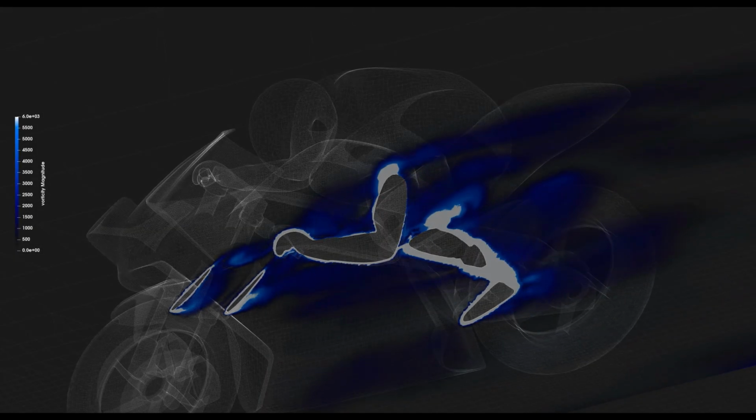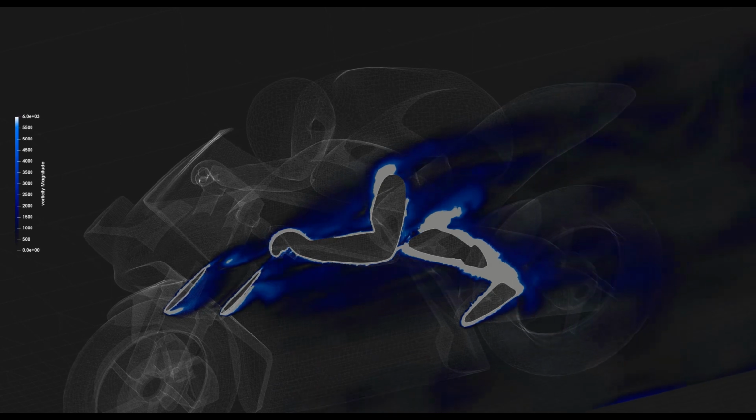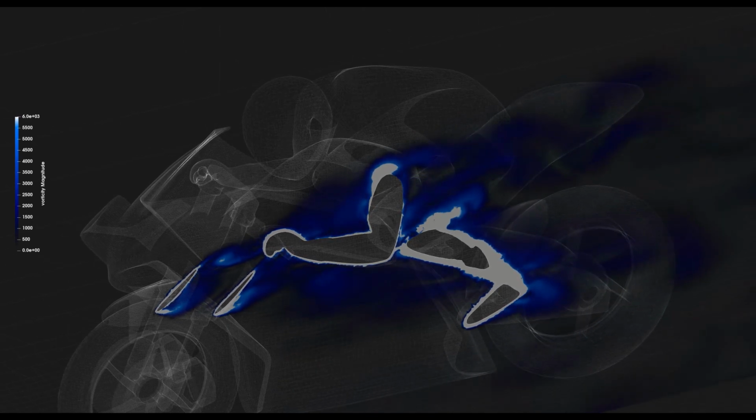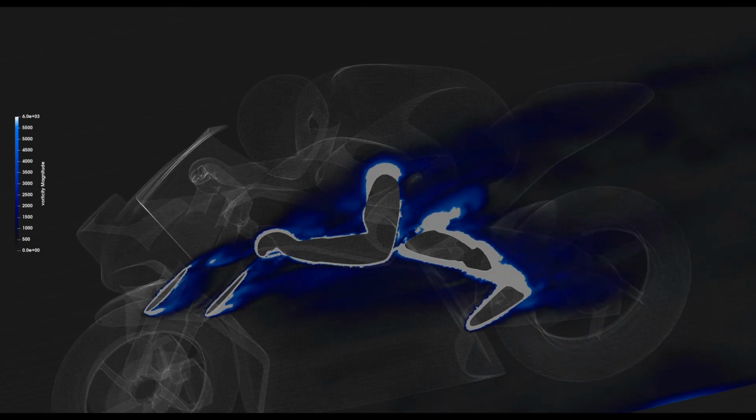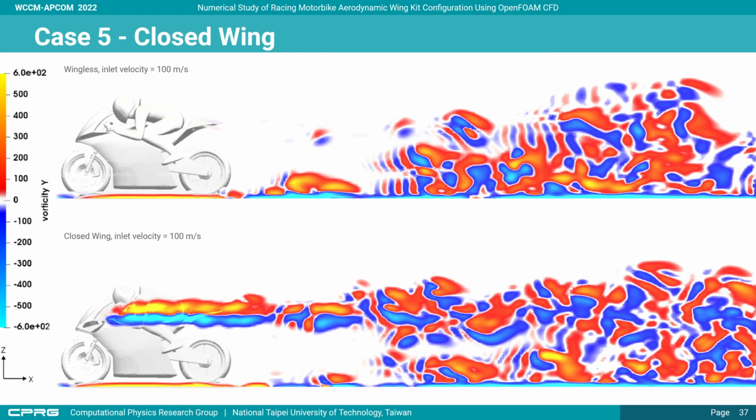In this video, we can look closer at the AWK to compare the difference in vorticity magnitude between the upper wing and the lower wing. If we switch the contour to the vorticity of the y direction, we could even see the vortices rotating in opposite directions.